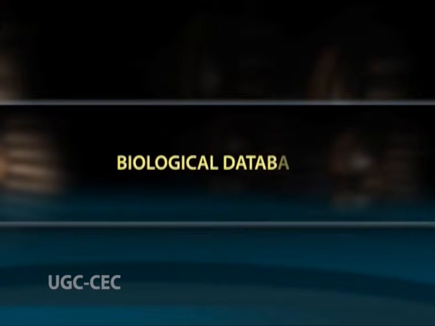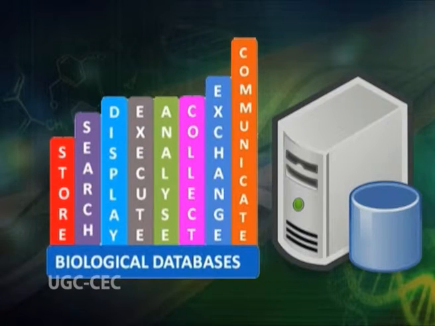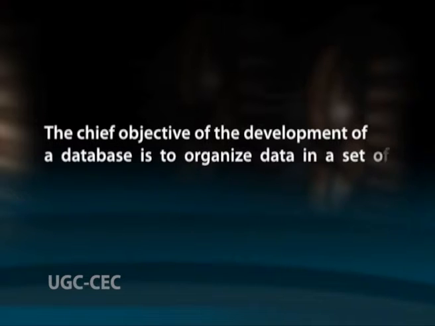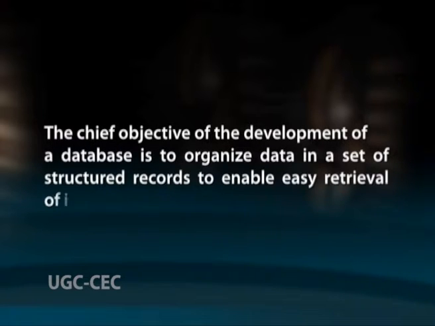Two, biological databases. A database is a computerized archive used to store and organize data in such a way that information can be retrieved easily via a variety of search criteria. Databases are composed of computer hardware and software for data management. The chief objective of the development of a database is to organize data in a set of structured records to enable easy retrieval of information.